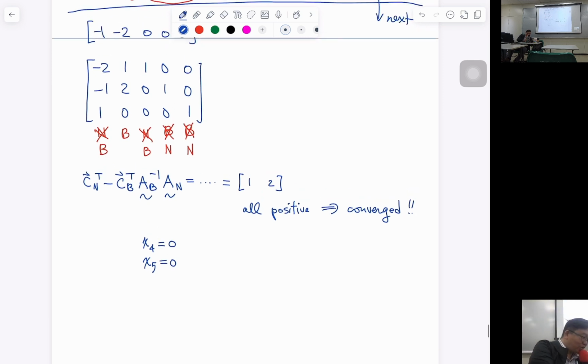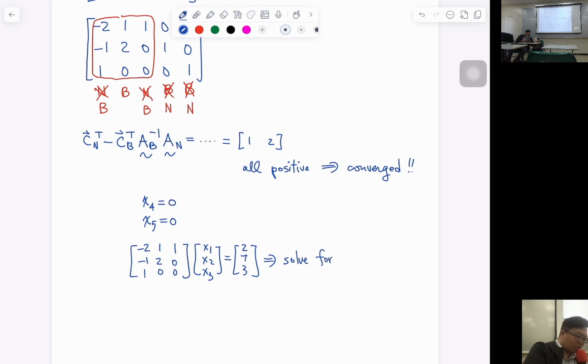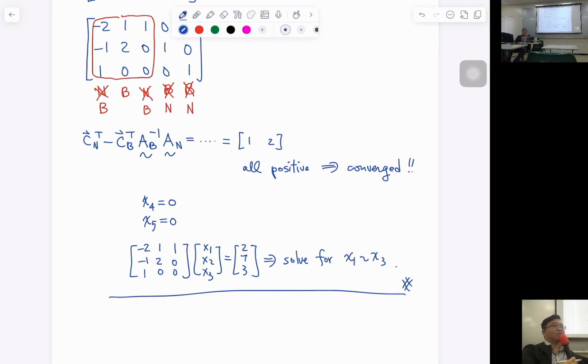So from here, x1, 2, 3 equals the coefficients on the right hand side. You can solve for x1 to x3, and they are the solution. That's it.